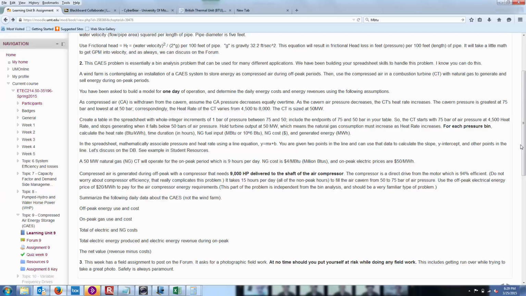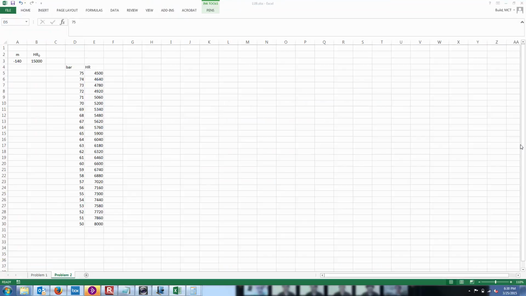How long it takes to go from one pressure to another. Reach pressure bin, calculate the heat rate. Why am I not getting that? Oh, wait, we already got the heat rate.